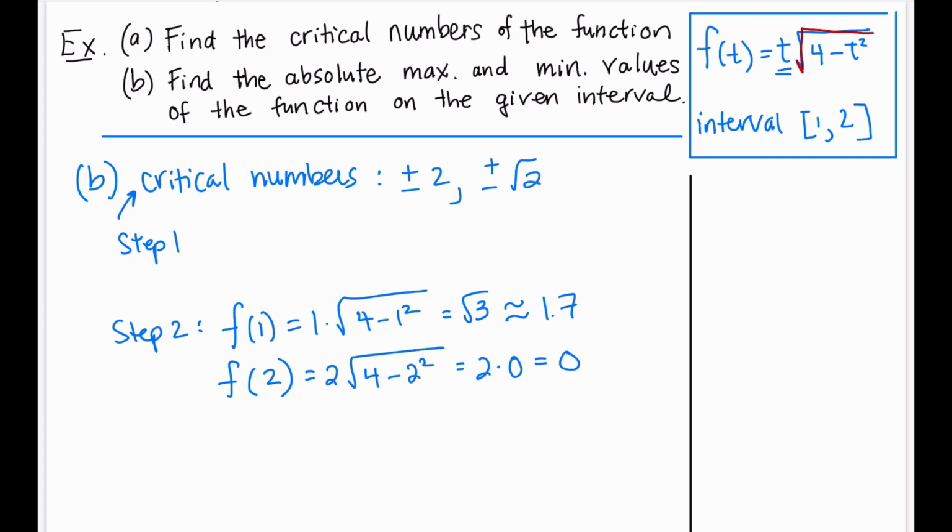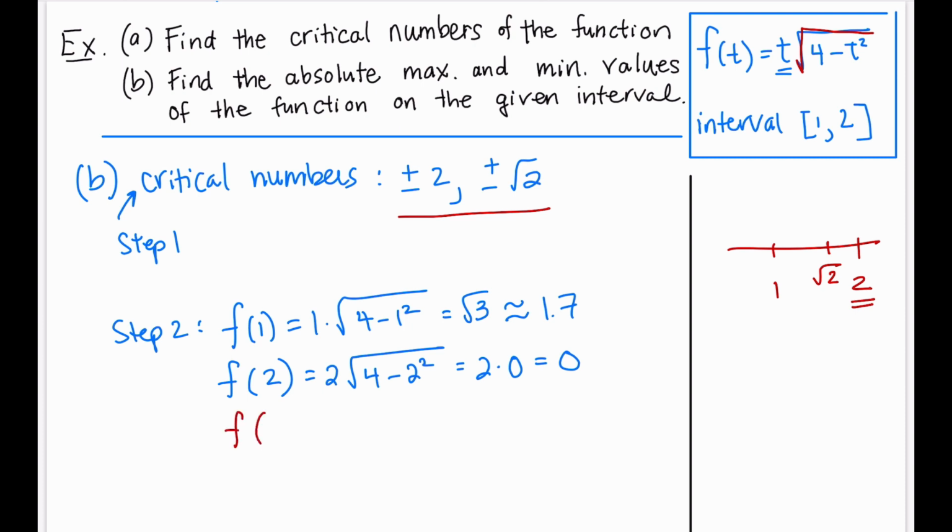Okay, so that takes care of these 2 points. If I look at the interval from 1 to 2, I don't have to worry about the negative critical points. We already did positive 2. I will also have to input root 2, which is the only other critical point we haven't done yet.